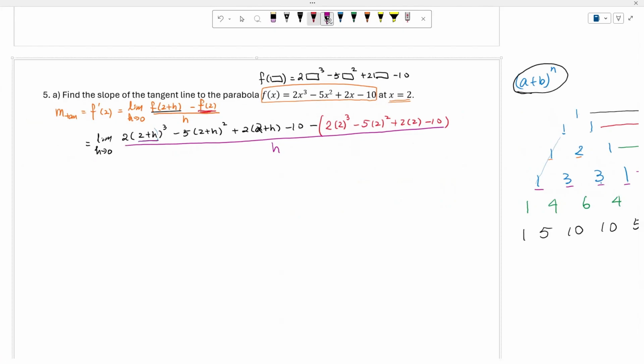So when I have 2 plus h to the power of 3, then we know that a plus b to the power 3 is a to the power 3 plus 3 times a squared times b plus 3 times ab squared plus b to the power 3. So this is what we know.